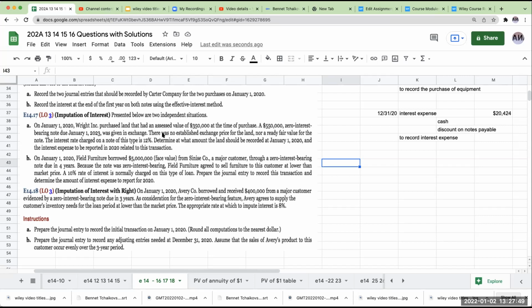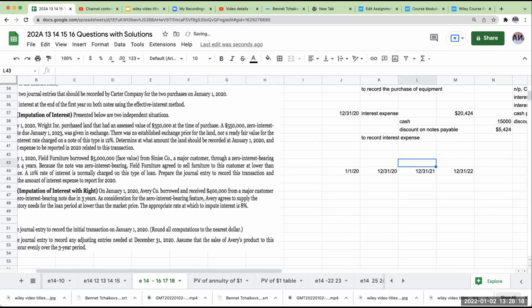So what I would say over here is that the way I would want to record this is going to be the lesser of the assessed value or the discounted amount of the zero interest-bearing note. And if I look at this over here, so 1/1/20, 12/31/20, 12/31/21.